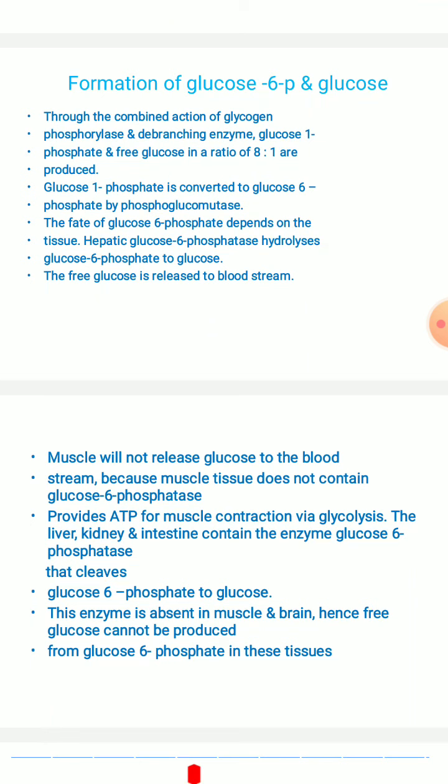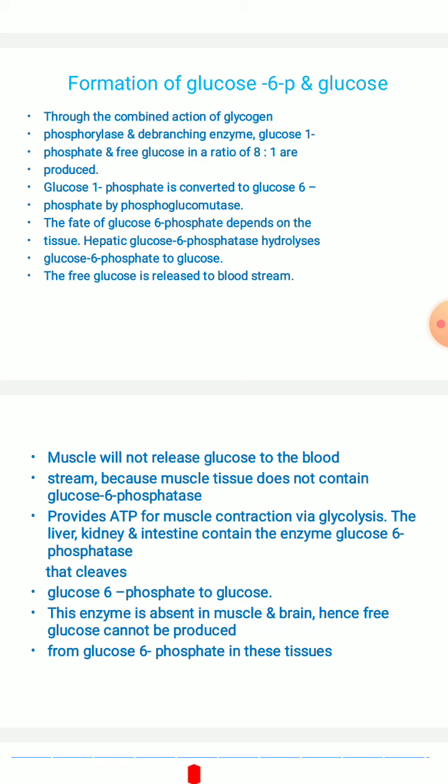The muscle will not release glucose into the bloodstream because muscle tissue does not contain this enzyme, glucose 6 phosphatase. So the ATP for muscle contraction is provided via glycolysis.